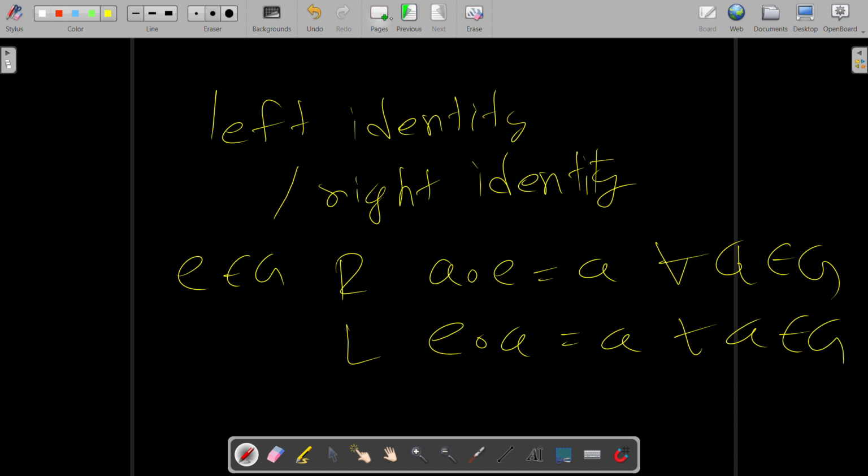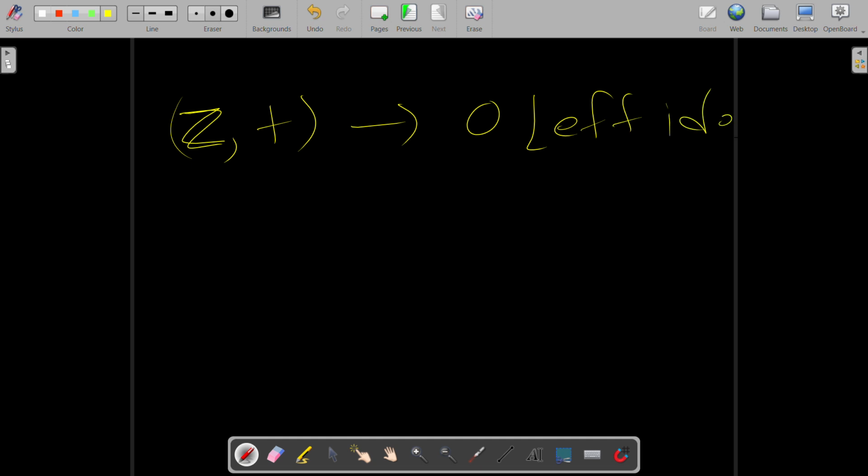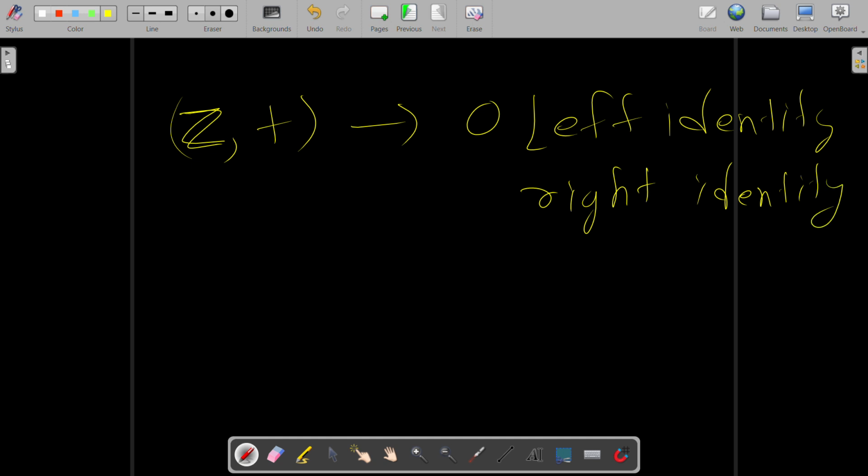Let me give some examples of left-hand identity and right-hand identity. In the set of all integers under addition, 0 is the left identity as well as the right identity, because if we add 0 to the right side or the left side of an integer, it returns the same integer, so it's both left and right.